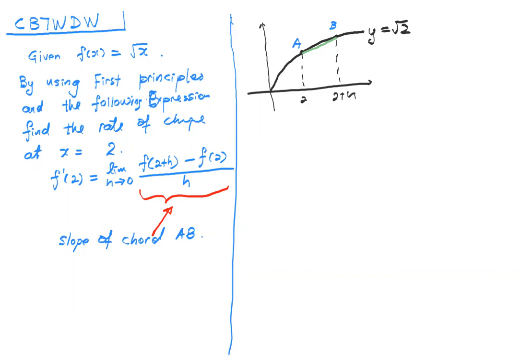What is the meaning of the slope of the chord? Please give me the answer. A straight line to represent 2 points in case the graph is a curve. Young man, listen carefully. I'm not asking you what is a chord. Listen to the question carefully.